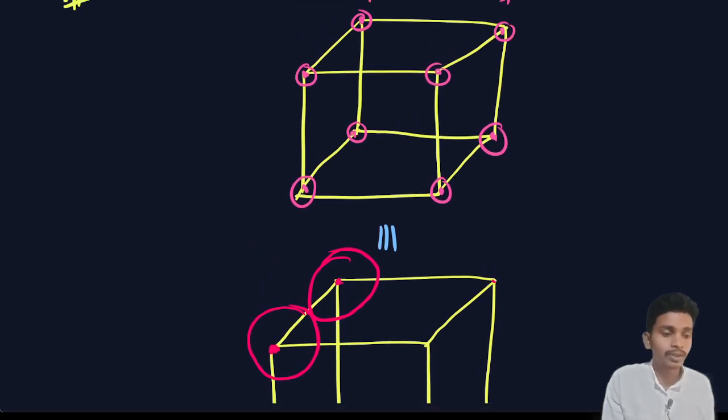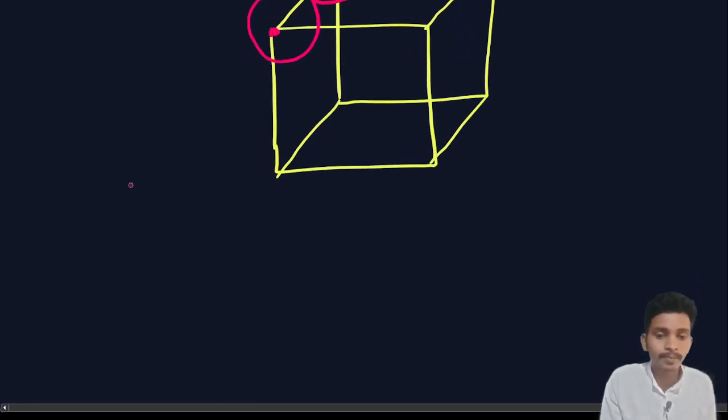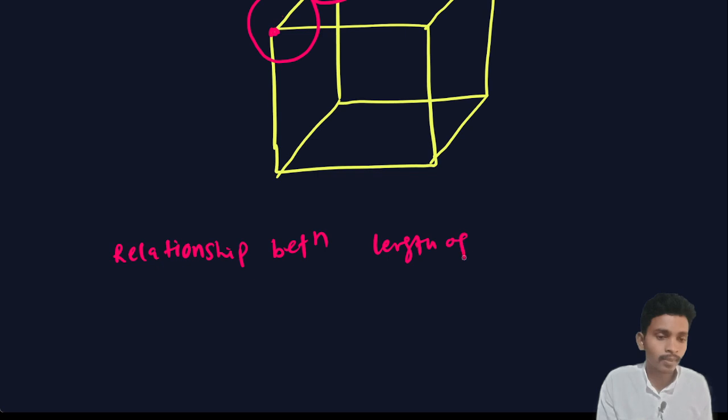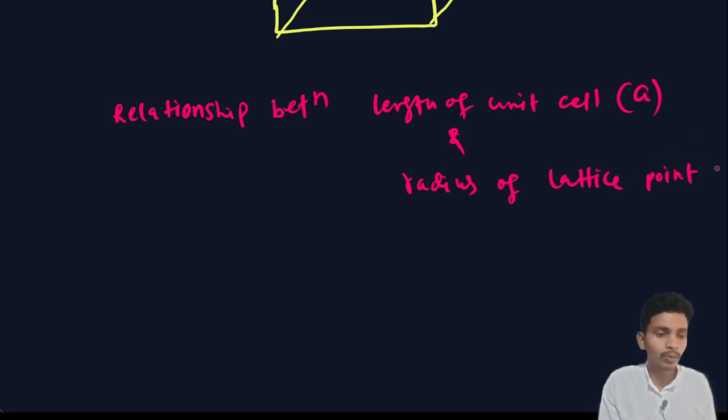So now what we are going to discuss is the relationship between the length of the unit cell, that is a, and the radius of the lattice point, that we say is r.